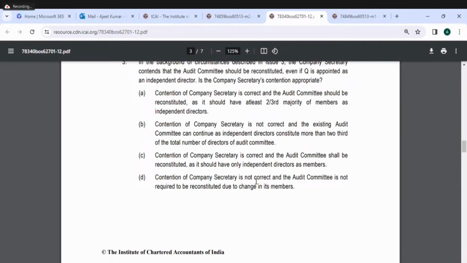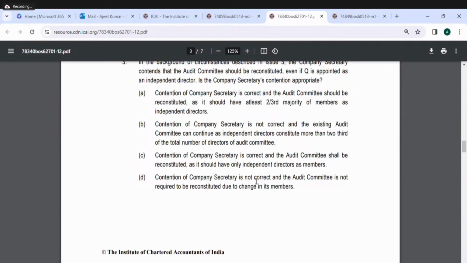Then I will go to option B, because I know that's not a correct option. So that's why we are discussing in some random manner. Contention of company secretary is not correct, and the existing audit committee can continue as independent directors constitute more than 2/3 of the total number of directors of audit committee. So this option is also not correct. Students, just imagine a student who has not read the issues correctly, even if they know the provisions correctly.